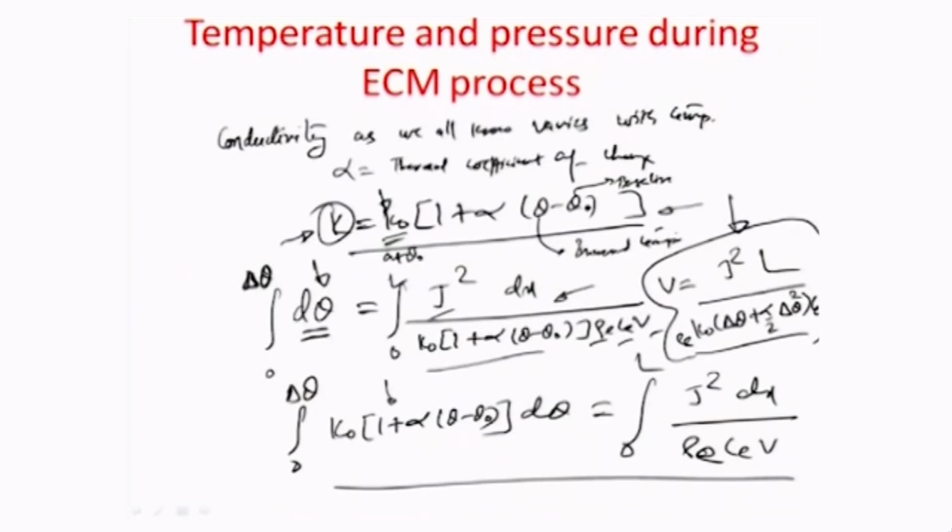So, we will have to just ensure that theta plus delta theta is below the boiling point of the electrolyte. In summary, what we have tried to see is that there is an electrolyte flowing between a tool and a workpiece, and there is a heat flow by virtue of the electrical power that is added to the system, from one end of the equilibrium gap to the other end.